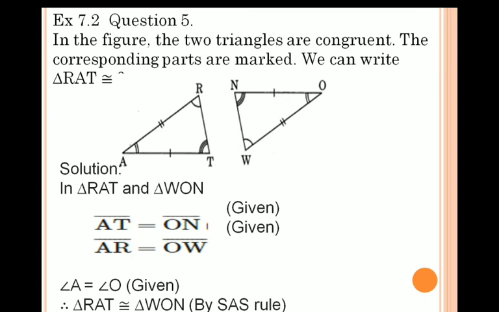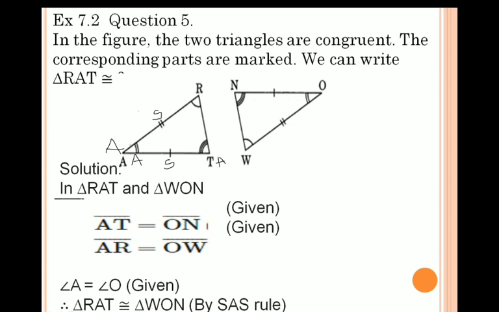But you can see these. Here we can use this side, this angle and this side, so we can use the SAS rule. Or we can also use the ASA rule. Both rules can be applied here, so I am going to solve this using one rule.